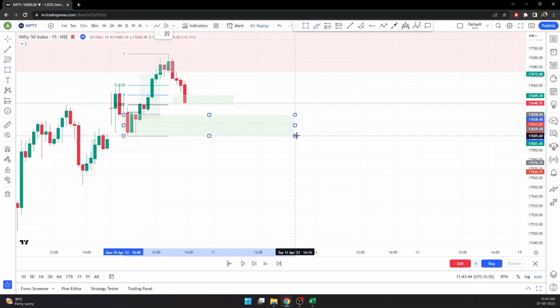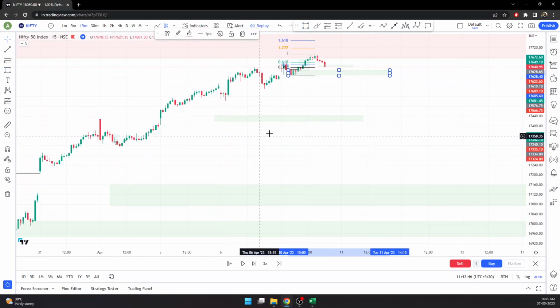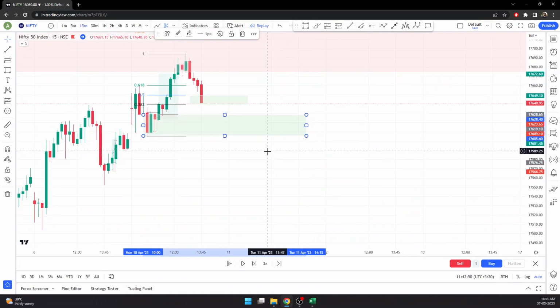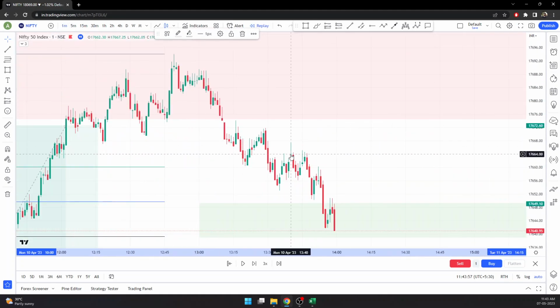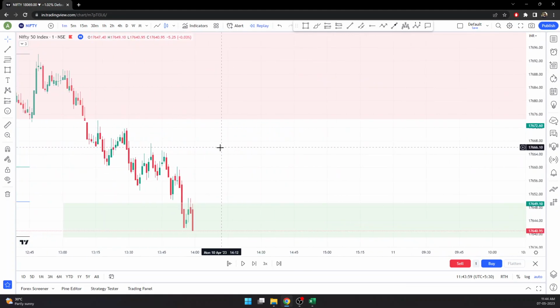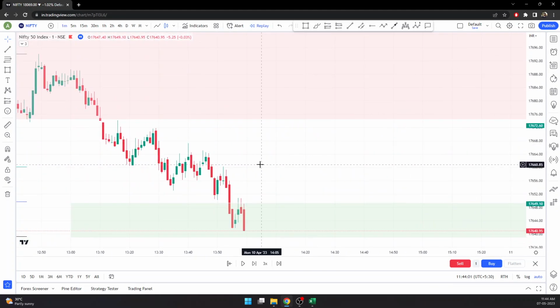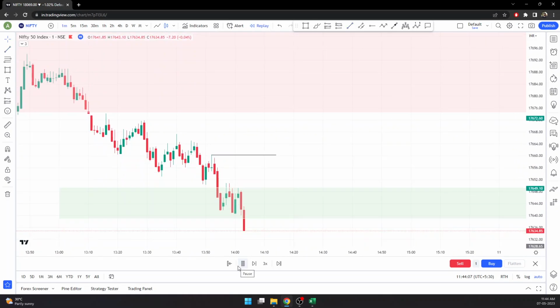Once the market starts to move below this level, we'll say that it has now moved to the bearish way. So let's see, if the market crosses this particular level, then we'll look for the buy entries.